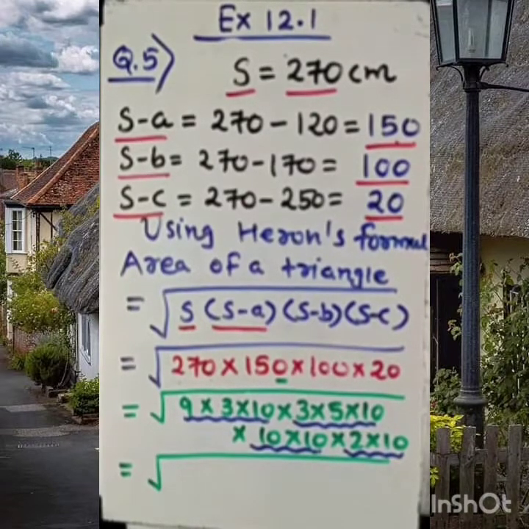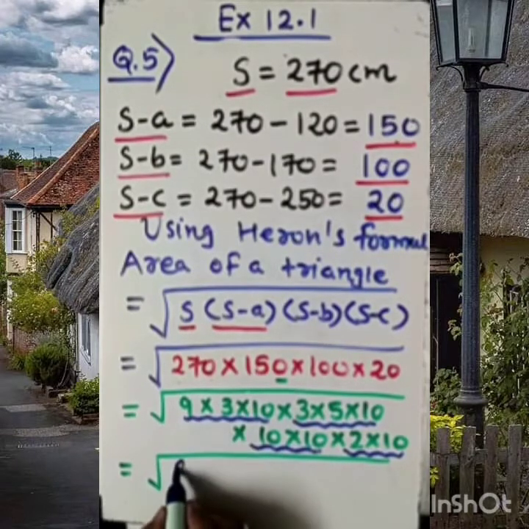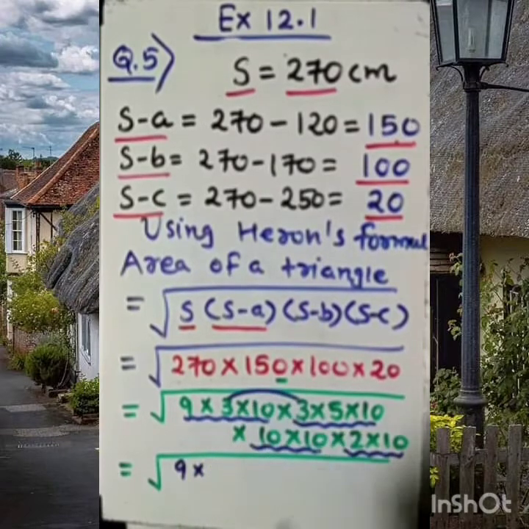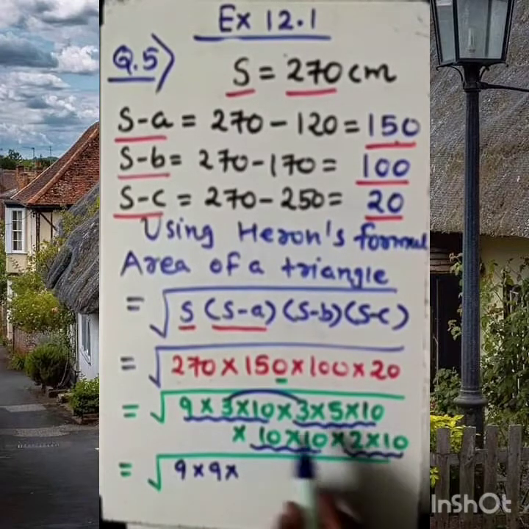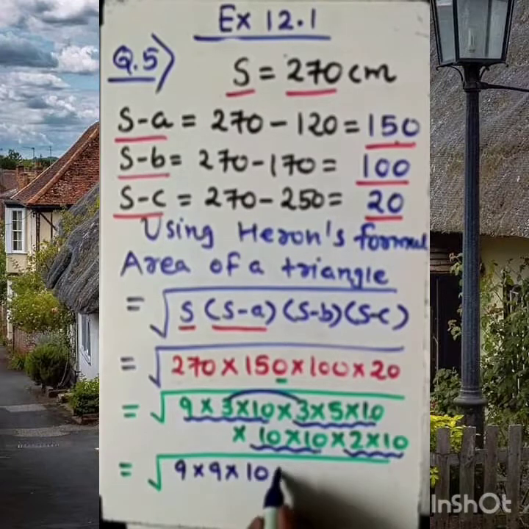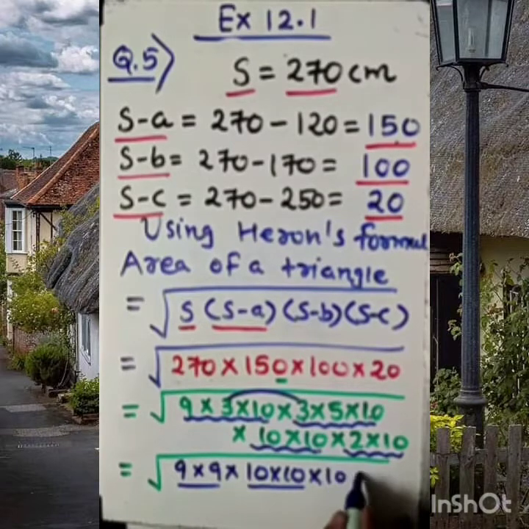Now in such a case, let me make pairs. I am writing 9 as it is, and this 3 into 3, I am making a pair of this 3. 3 3s are 9. Same thing is here. You can see here 10 into 10. So let me write 2 times 10 into 10. This is the pair. One more 10 with us, this 10 into 10.